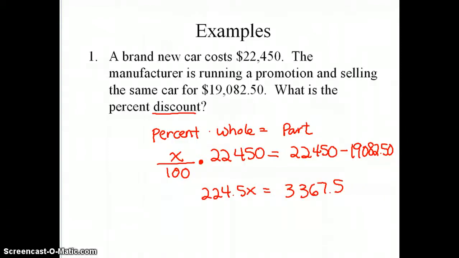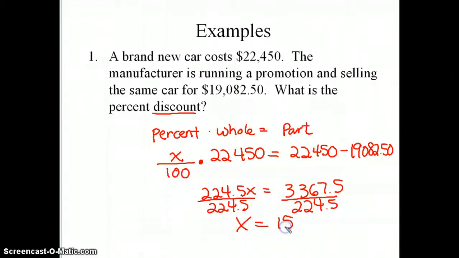We have 224.5x is equal to 3,367.5. Now, dividing both sides by 224.5. My final answer is x is equal to 15.